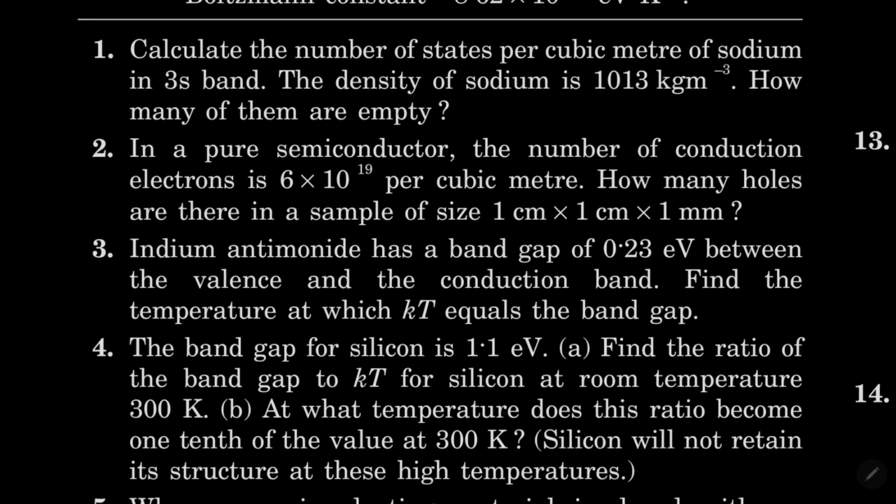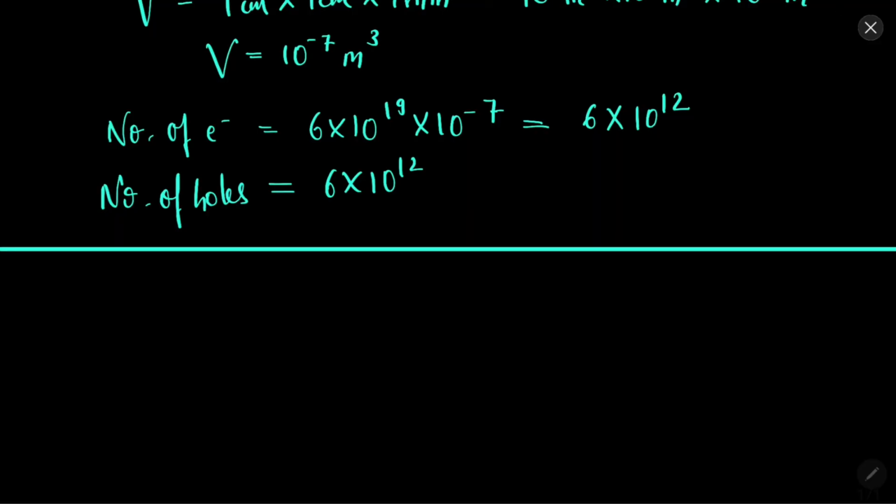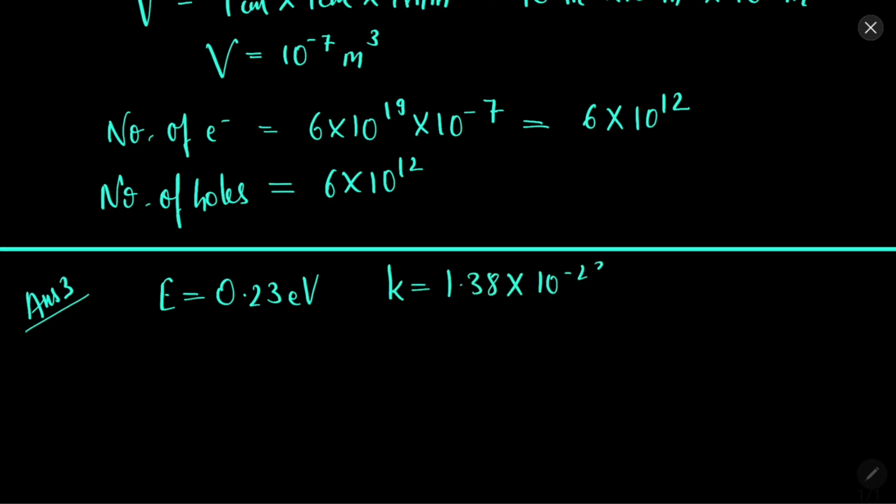In question 3, indium antimonide has a band gap of 0.23 eV between valence and conduction band. We need to find the temperature at which kT equals the band gap. So this is the third question. Energy that is given is 0.23 eV. We know that k's value is 1.38 into 10 to the power minus 23.